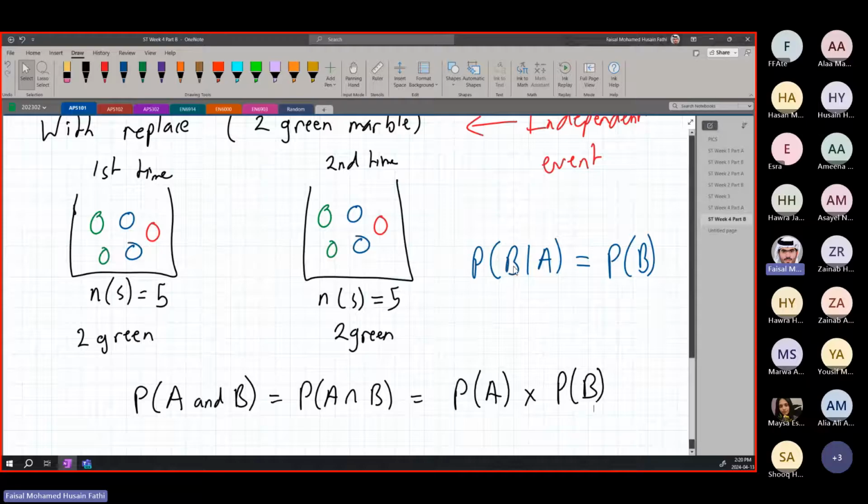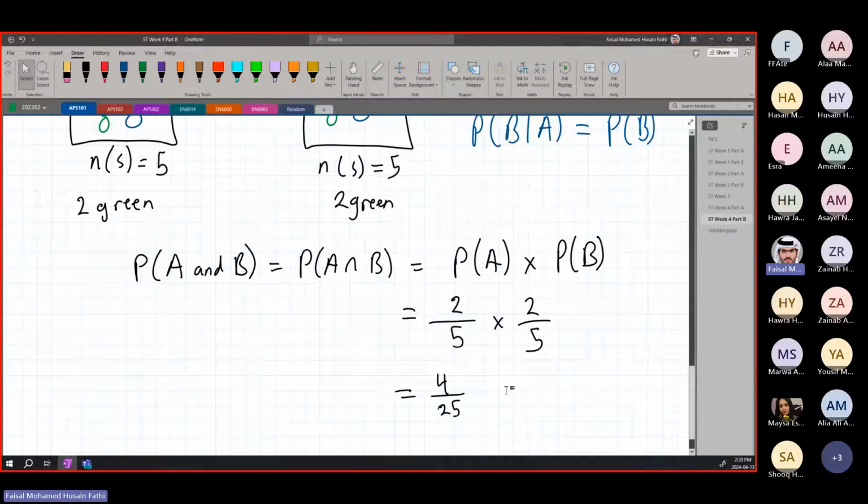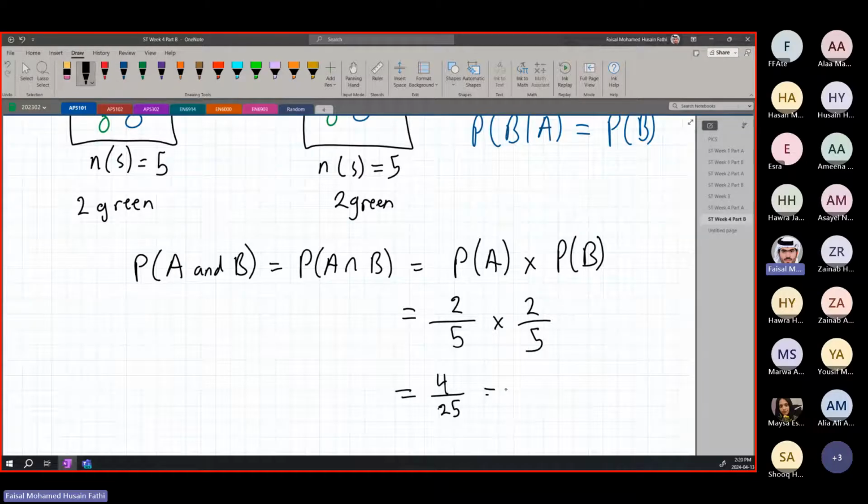This does not get affected by A. So we're just going to take the values again. We have 2 green out of 5 times 2 green out of 5. Multiply that, we're going to get 4 out of 25. This is going to be the probability now, which is equal to 0.16 or 16% chance.